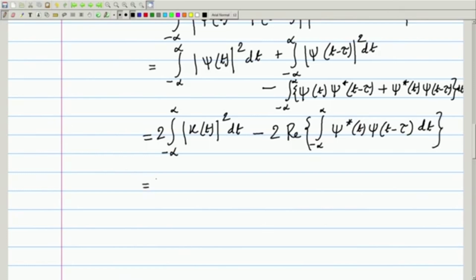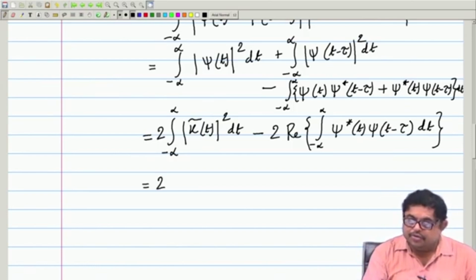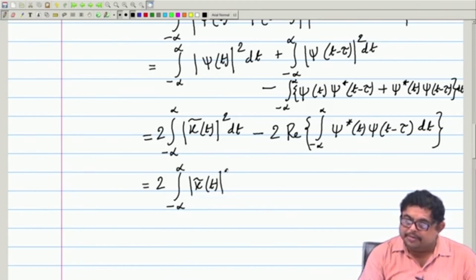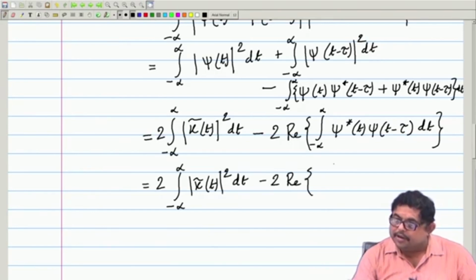And if I change from psi to the complex envelope, I will have to write 2. We know the relation between pre-envelope and complex envelope, so I can write it in terms of complex envelope.